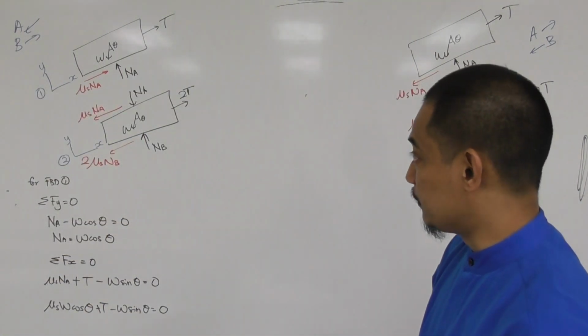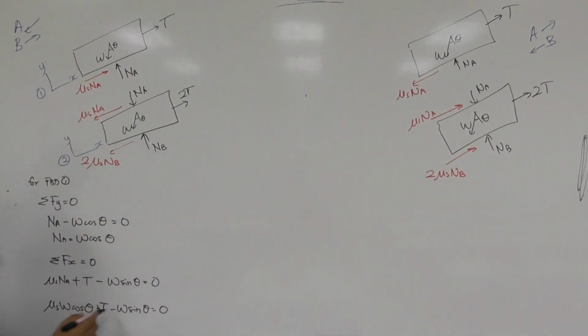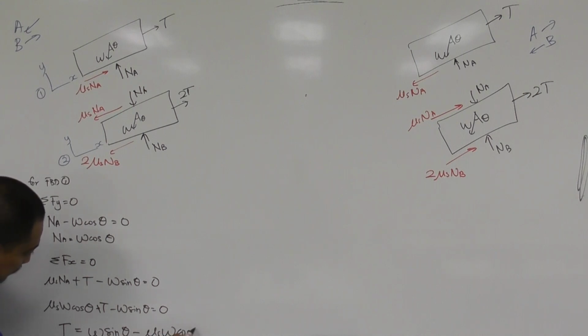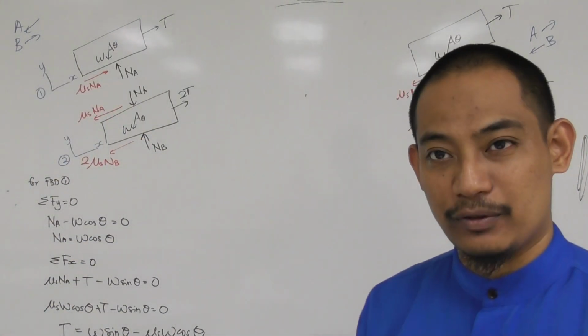Right? Or if you go on this side, so if we were to make it similar, T equal to, if we bring the rest here, W sine theta minus mu s W cos theta. Can you see that? Is it okay? That's beyond the limit.